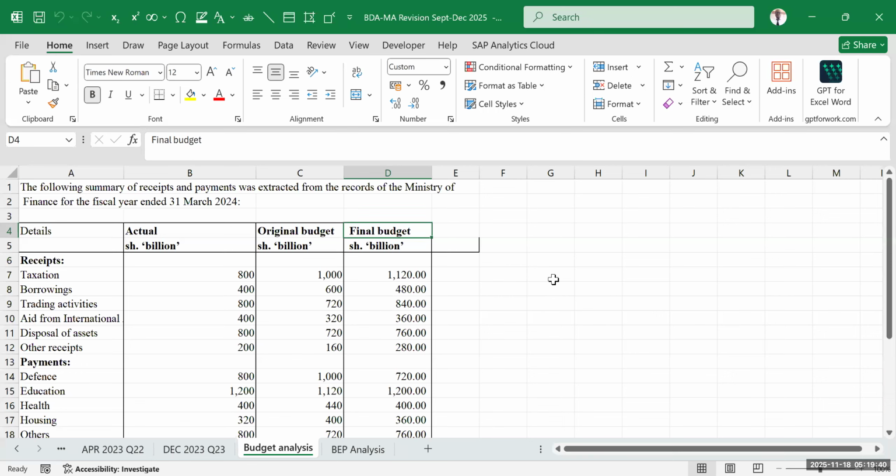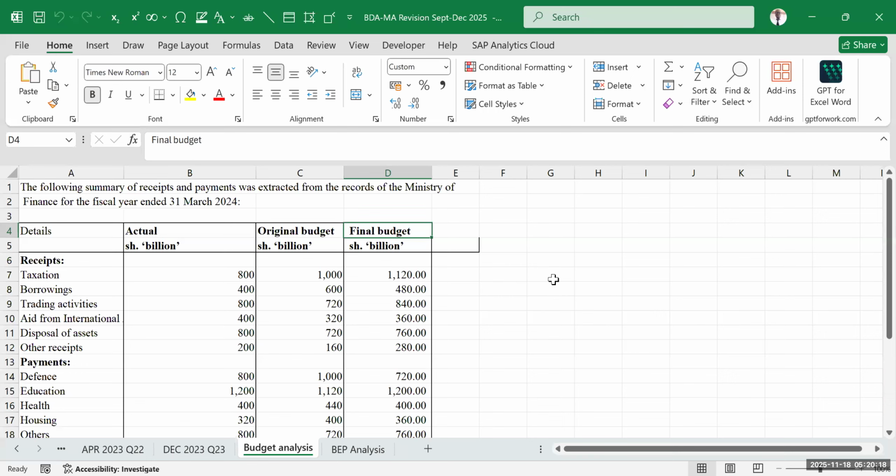Remember, budget making starts from the original draft, where you do the original budget. For those of us who are working at the moment and you are fortunate to find yourself seated at a table where budgeting is done, you realize that you'll be receiving departmental drafts or estimates of what they're likely to use. So once you receive that information, you put it together to come up with the budget.